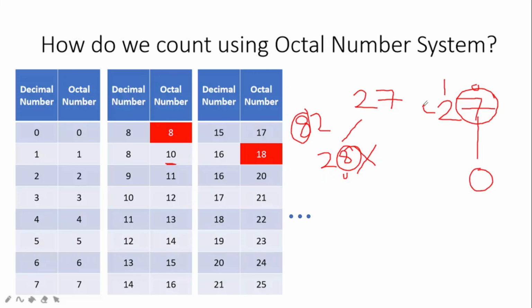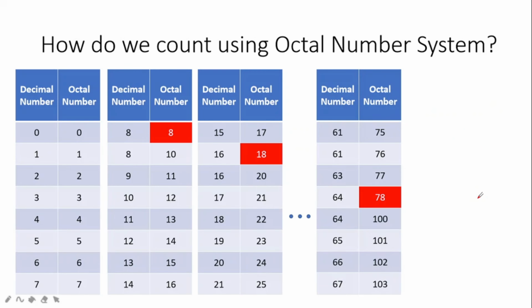Now this 2 has a carry. Remember, the rule says that if the number has a carry, find out the next number in the respective number system. Otherwise, write down the number itself as it is. So this 2 has a carry, so find out what comes after 2 in the octal number system: 3. So 3 will be written here. Now 30 will be the next number after 27 in the octal number system, and so on.